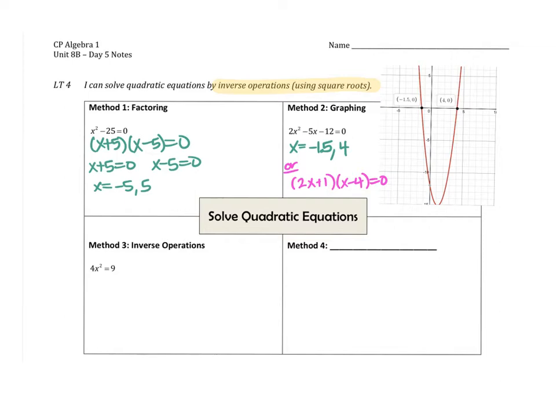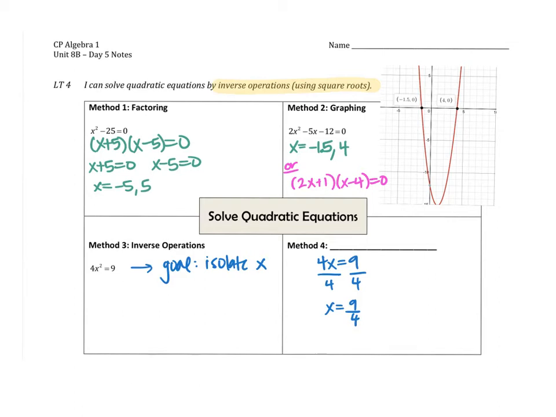So the next method is called inverse operations, which should sound familiar. It's the idea that we want to isolate x. Normally if we were solving an equation like 4x equals 9, we would divide by 4 and get x equals 9/4.